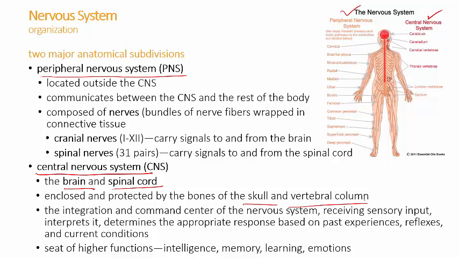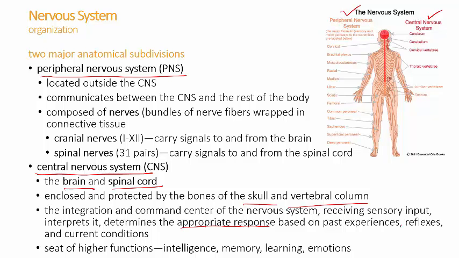And this is where we find that integrative center of the nervous system. It receives the sensory input, it interprets it, makes sensations from it, it compares it to old memories, and determines whatever the appropriate response is based on those past experiences or based on reflex actions.